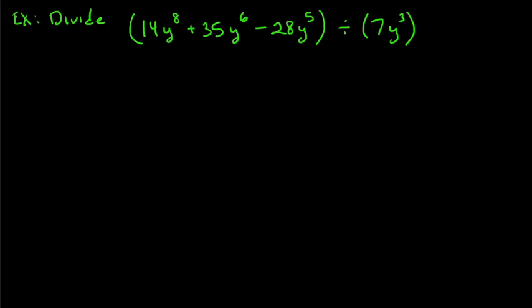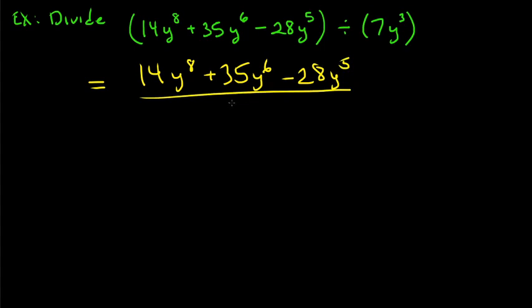Okay, 14y to the 8 plus 35y to the 6 minus 28y to the 5 divided by 7y cubed. So if you need a hint, remember I would write it vertically as a fraction. That's the first thing I would do. And then you just split them up and do 3 separate fractions, right?